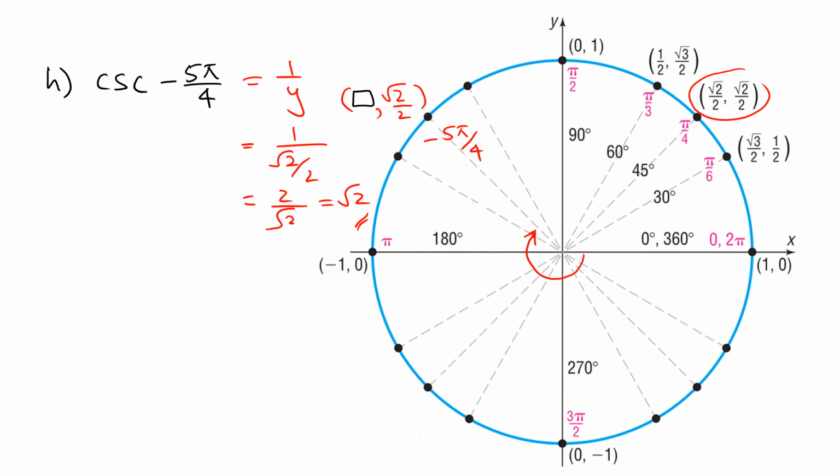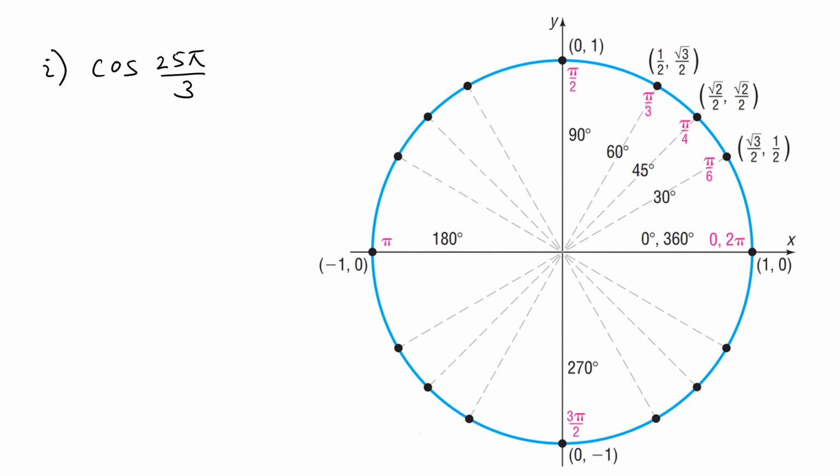So let's do the next problem. This is a cosine, so we only need the x coordinate of the point. First we need to figure out where this angle is. This is 3, so if we double it we get 6, and going 6 completes one cycle. So we have 6, one cycle, then 12, another cycle, 18, third cycle, 24, fourth cycle.